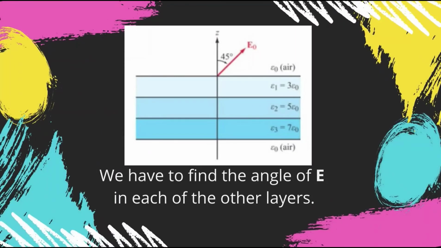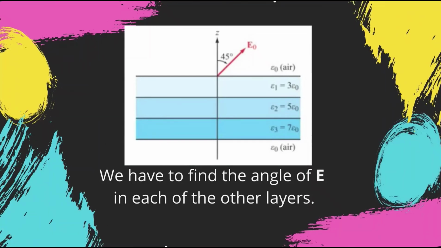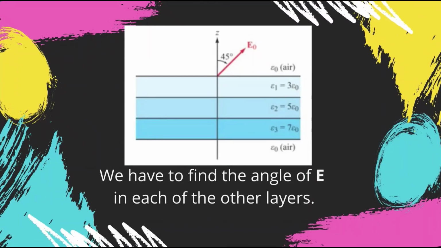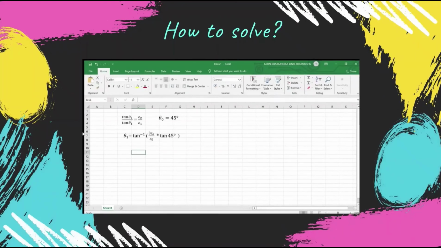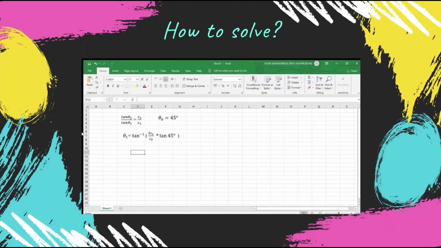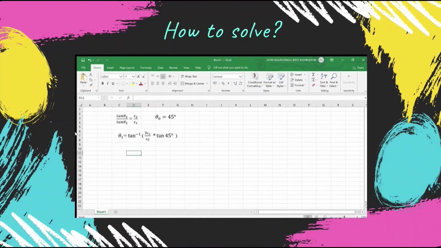From the given picture, the dielectric constant for layer 1 equals 3 epsilon naught, for layer 2 equals 5 epsilon naught, and for layer 3 equals 7 epsilon naught. We need to know the related equation to solve this type of question. The equation is tangent theta 2 divided by tangent theta 1 equal to epsilon 2 over epsilon 1.